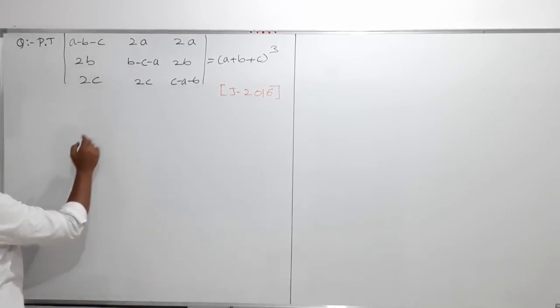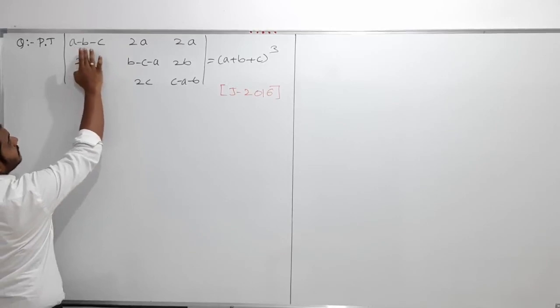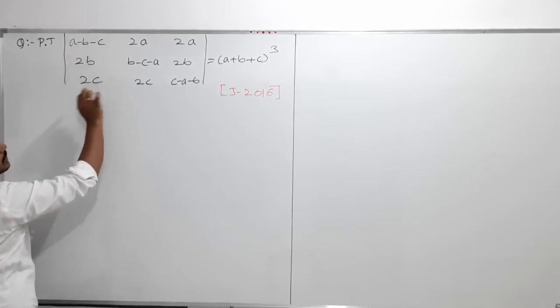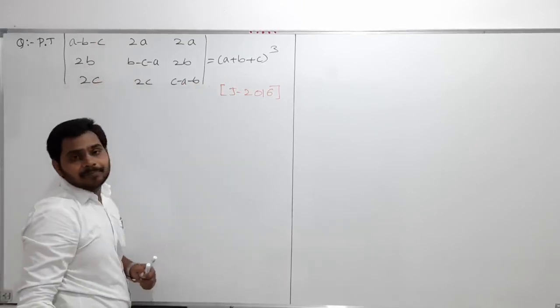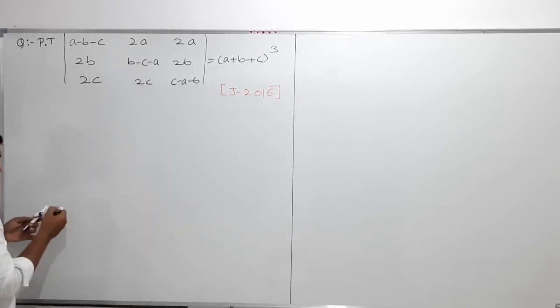Here a minus b minus c, here 2b, here 2c. So if I add these three, I will get a plus b plus c. Clear? So like that you should think, and then I will apply the operation.